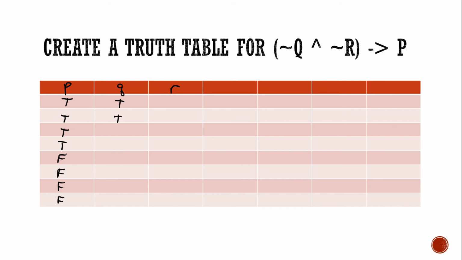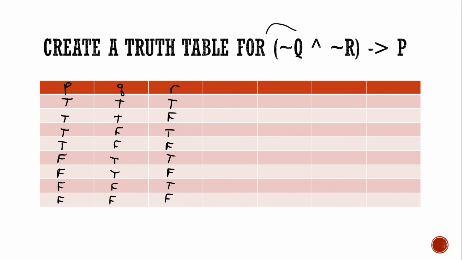So 2 true, 2 false. 2 true, 2 false. Then I'm going to move to alternating by ones. So true, false, true, false, true, false, true, false. And again, what we have on the screen right now is standard for all the problems that have a P, Q, and an R.